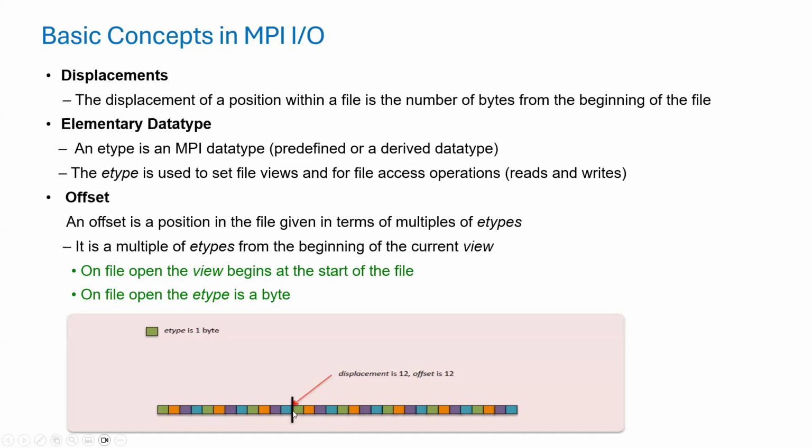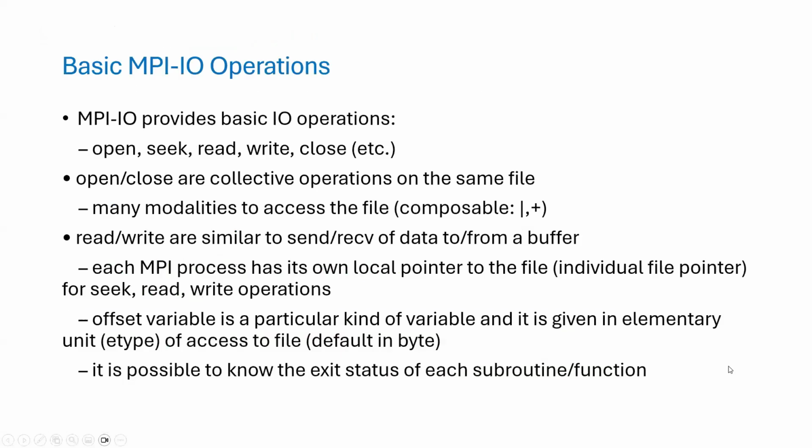So in this case, if it's here, the offset will be 12. And different processes may have to start with a different offset. On file open, the view begins at the start of the file, and the etype is a byte. So those are the basic concepts before we go to the details.